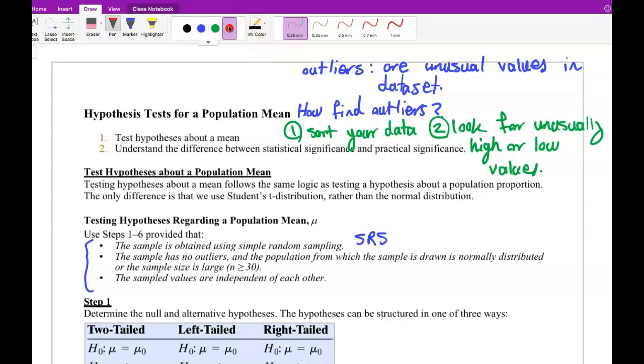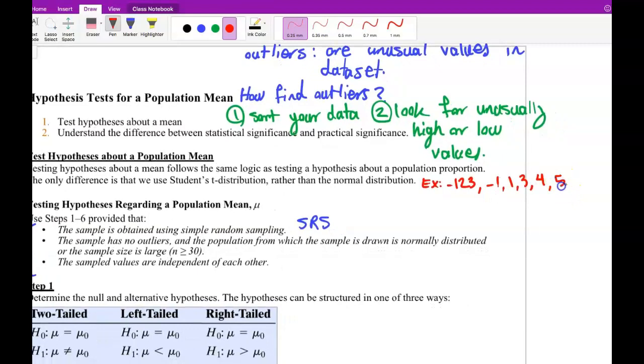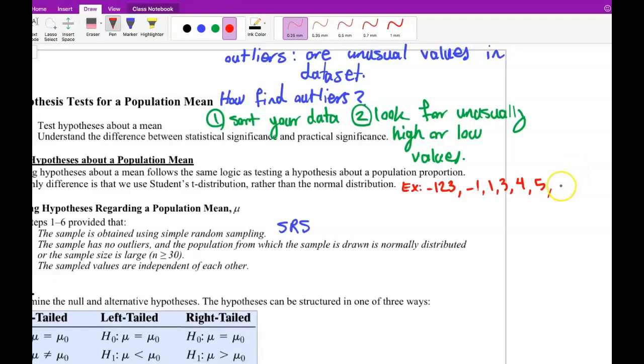What that means, for example, if I had this data set: negative 123, negative 1, 1, 3, 4, 5, and 135. As you can see, these numbers are very close: negative 1, 1, 3, 4, 5.